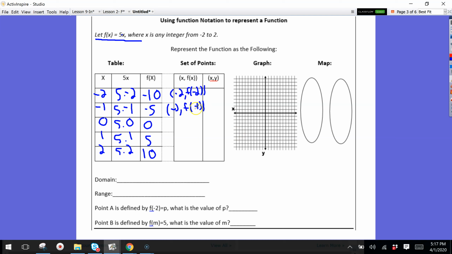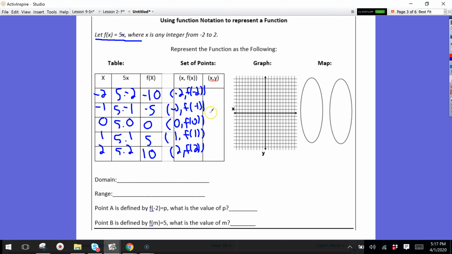Yes, f of -1 is -5, but I just want you to see this really quickly. So 0 and f of 0. And we have 1 and f of 1, and we have 2 and f of 2. So these are the coordinates we have: 2, f of 2; 1, f of 1; 0, f of 0; -1, f of -1; and -2, f of -2.